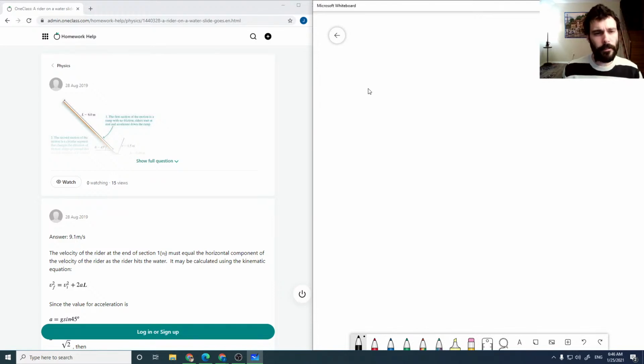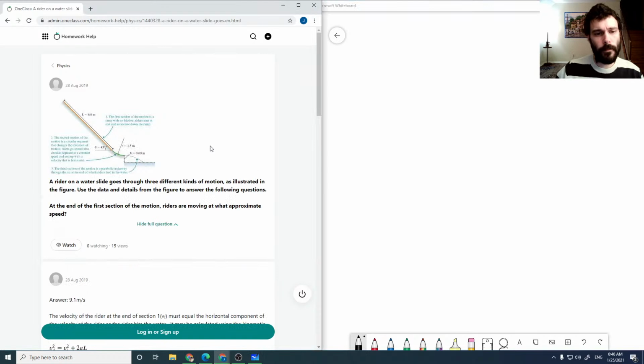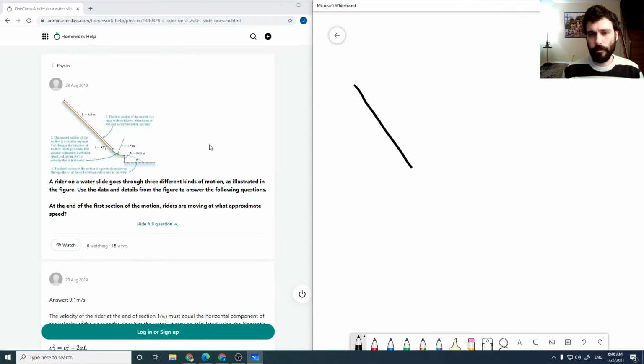So here we have a rider goes down a water slide, and it gives in the figure that we have a 45-degree slope.